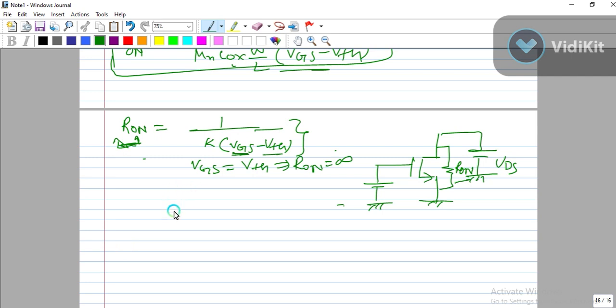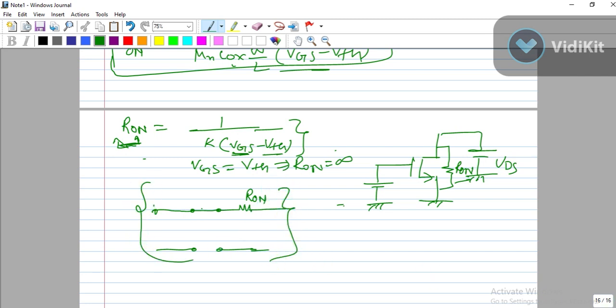The switch will be like this: when it is short, the MOSFET has some resistance R on, and this is a switch. MOSFET like a switch. And in the case of open circuit, it will become open circuit. Simple. So these are the two cases.